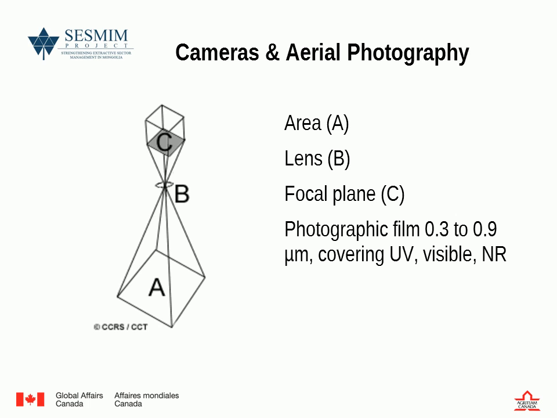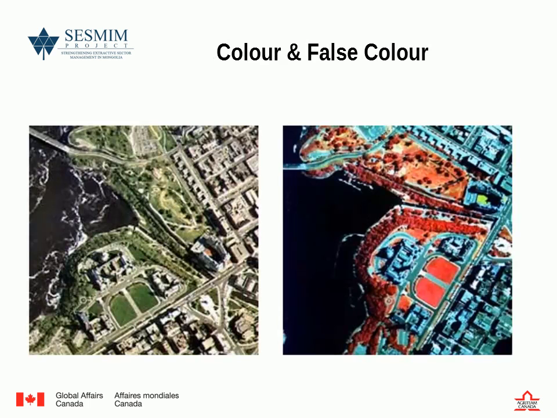The more megapixels you have in C, the better the resolution in A. Color and false color. Color is red, green, blue. False color is usually simulated color using, I think, near infrared. False color, I believe, picks up trees, the vegetation, better than red.